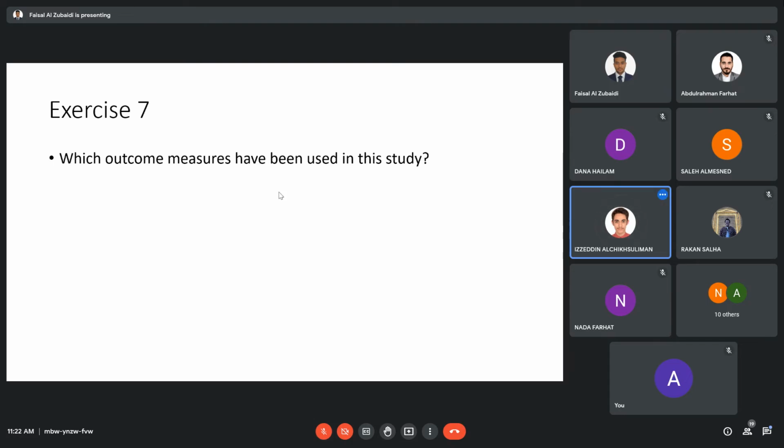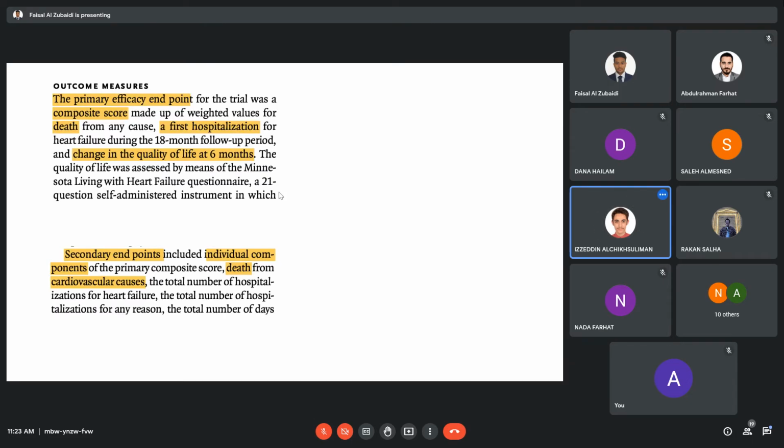I think the primary efficacy endpoint for the trial was a composite score for death, first hospitalization, and change in the quality of life. 3 factors. So the composite score is made up of the other points, but the primary endpoint was meant for the death and the change in the quality of life.